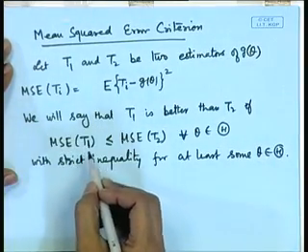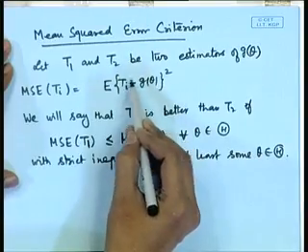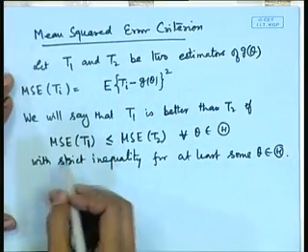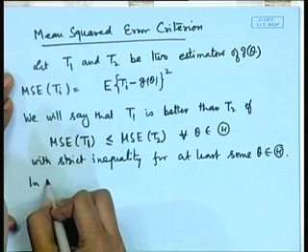Now, if the estimators are unbiased, suppose T_i is unbiased for g(theta), then this reduces to the variance of T_i.